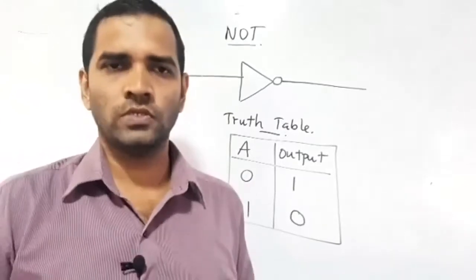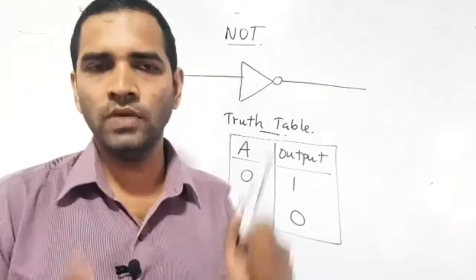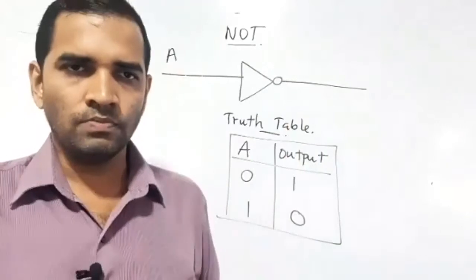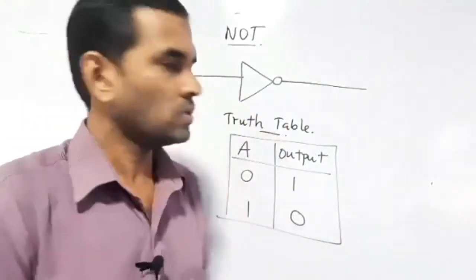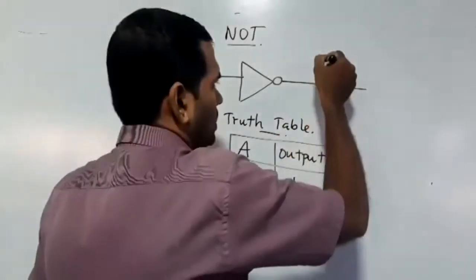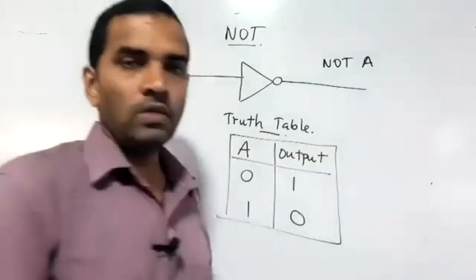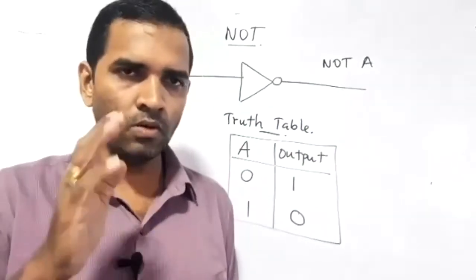These are the only two choices, because you cannot keep the gate name in the middle. So the right way is NOT A, right? Keep the gate name first and then write the input. So the output would be NOT A. You can't write A NOT. That is wrong. This is the format, NOT A.